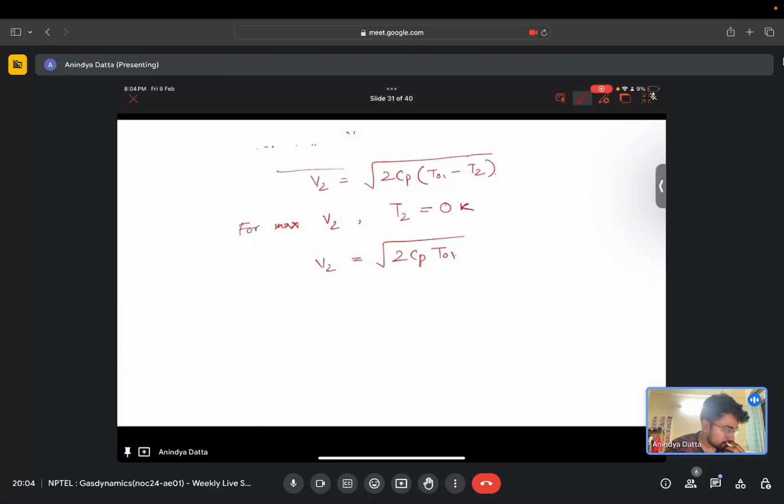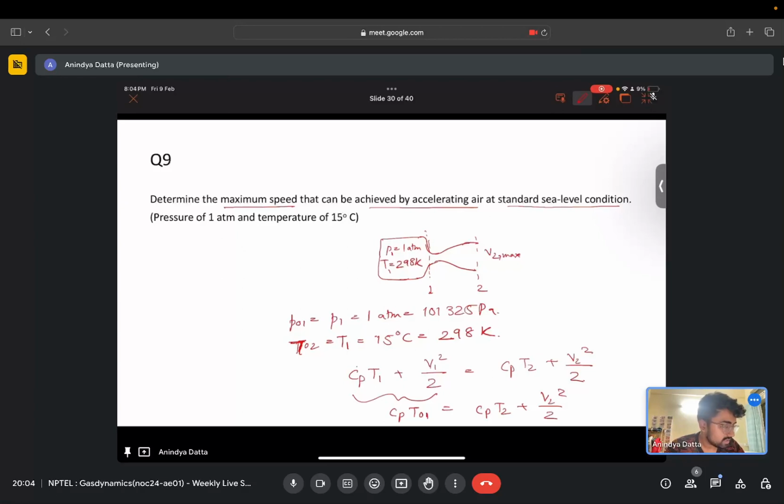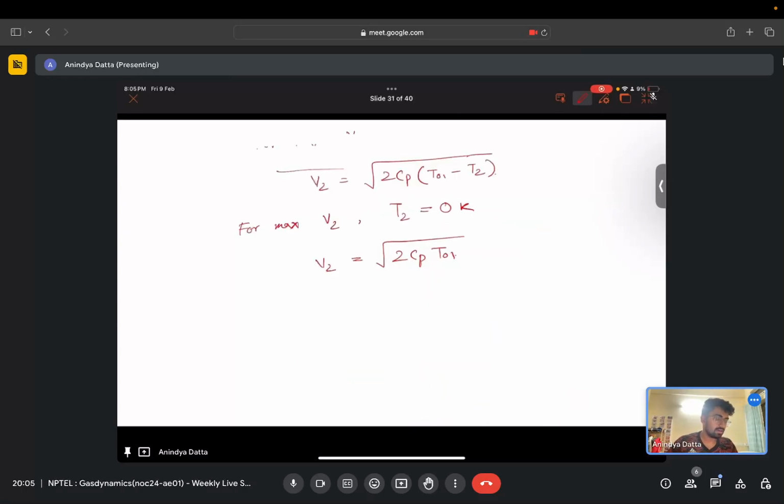Now one thing is that the assumption here is we are doing isentropic expansion. I think in the second last question in the assignment, you have to compute the maximum velocity you can attain, and you have to get it in this way. You are expanding the gaseous air to a state where your static temperature is 0.